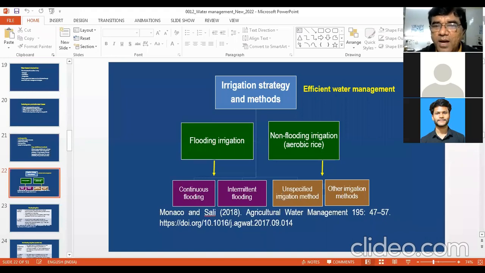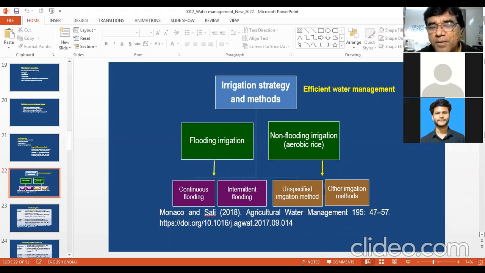So there can be an unspecified irrigation method. We will see what is meant by unspecified irrigation method, and then other irrigation methods. What are the other irrigation methods for aerobic rice, or wherever it is not possible to maintain flooding conditions? You have some other irrigation methods like drip irrigation or sprinkler irrigation.